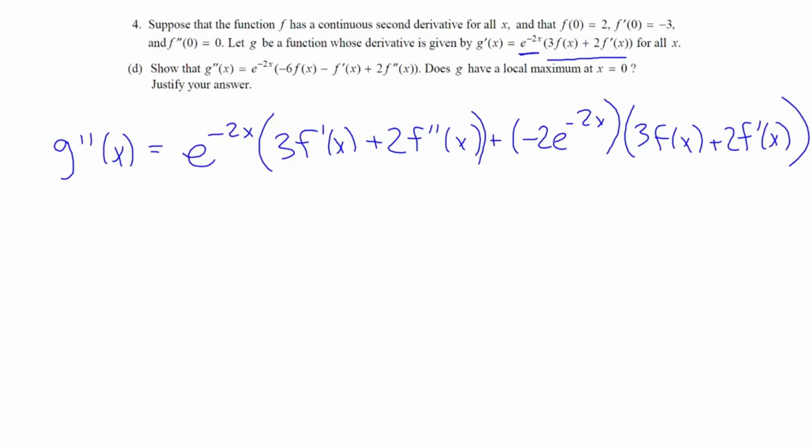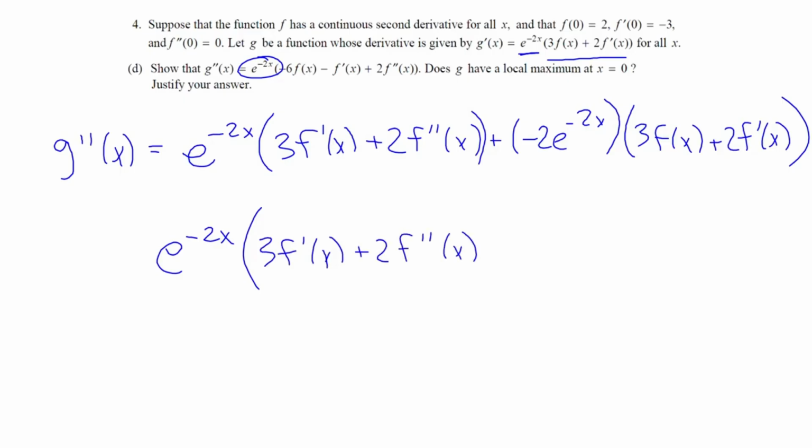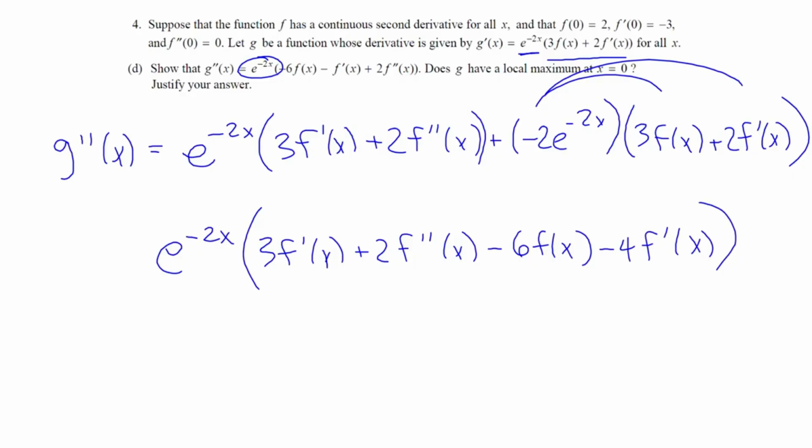And now they've clearly factored out the e to the -2x, so we'll do the same, e to the -2x. And now when I take that out, I've got 3f prime of x plus 2f double prime of x. And then I'm left with a -2 times all of this, so minus 6f of x, and then minus 4f prime of x, which gives us e to the -2x.